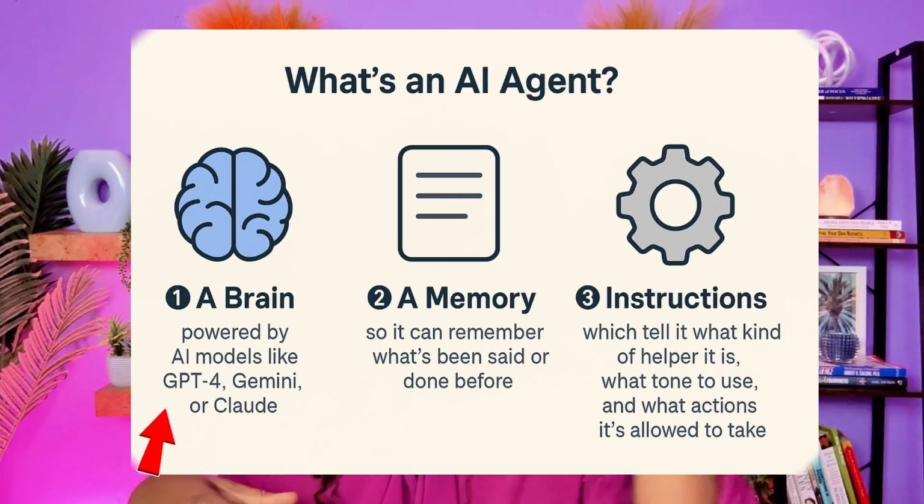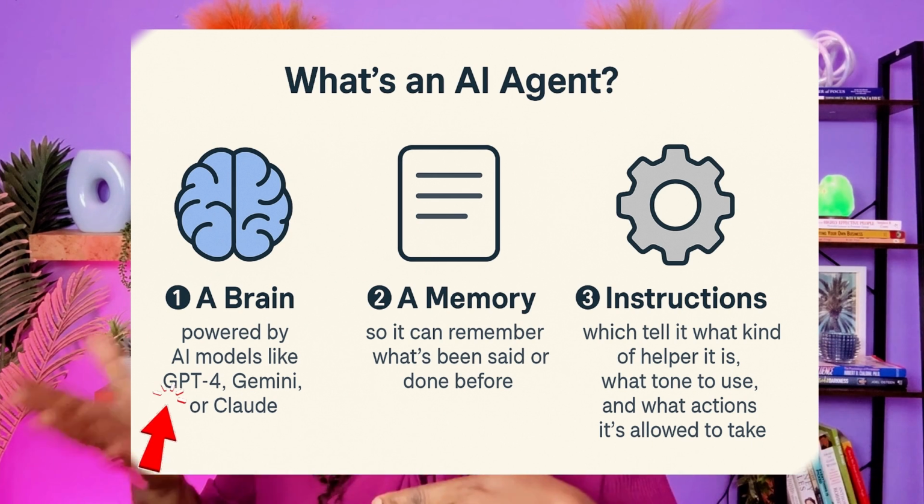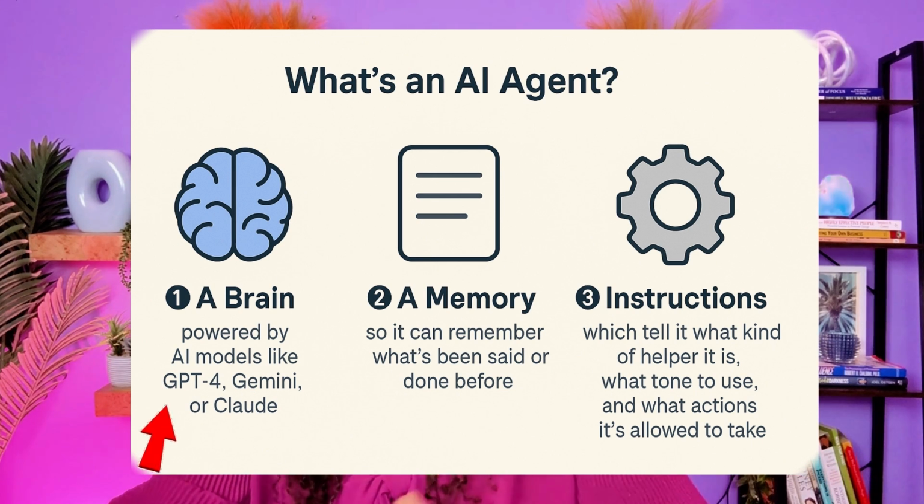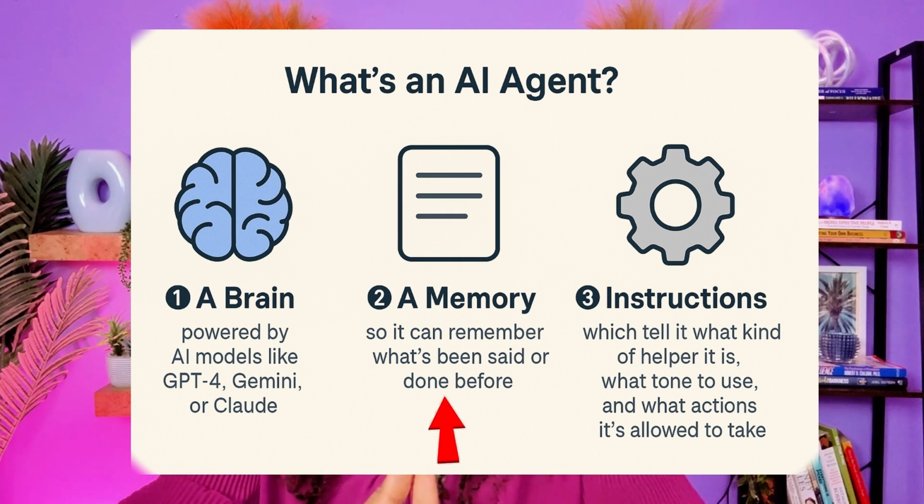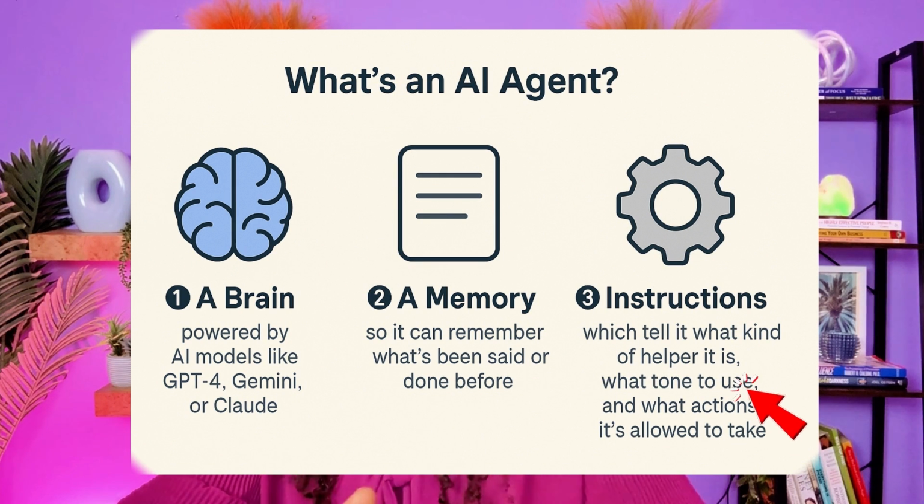An AI agent has three main parts, okay? So it has the brain, which is powered by AI models like GPT-4, Gemini, or Claude. And then it also has memory, so it can remember what's been said or done before. And then it also has instructions. These instructions tell the agent what kind of helper it is, what sort of tone to use, and what action it's allowed to take.